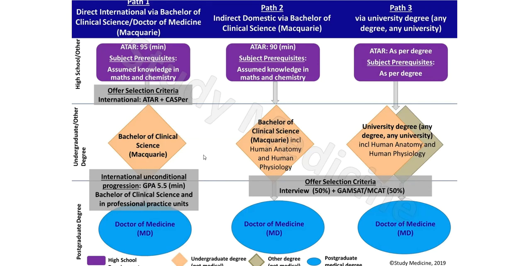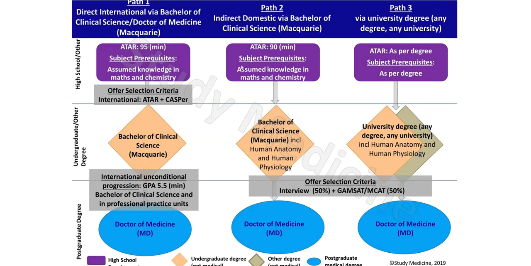As you can see, that is a very, very different path and progression format to Path 2, which applies to domestic students, and this is known as the indirect path via the Bachelor of Clinical Science. And you can see the way this works. For a start, for domestic students wanting to go through this path, they need a minimum ATAR of 90.